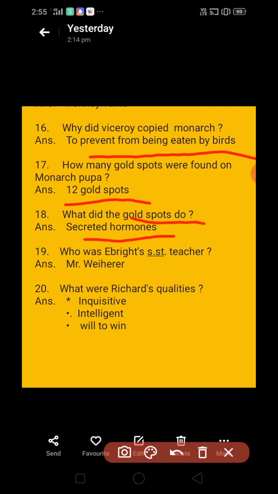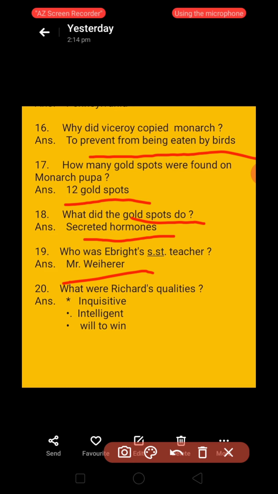Next question is, who was Abraham's history teacher? As we have got in the text, the name of his history teacher was Mr. Binder. The last question is, what are the research qualities?